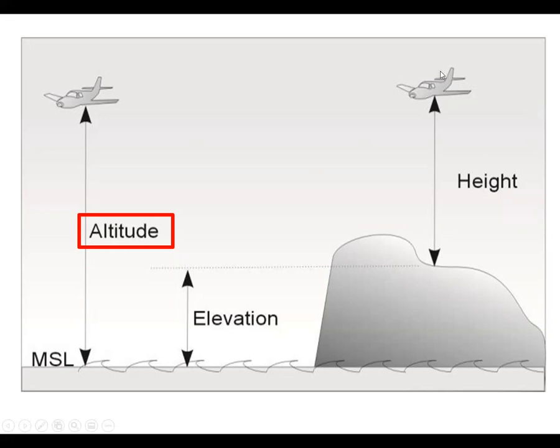Height is how high you are from the elevation, and elevation is how high the land is from the sea level. So this one is above sea level, definitely. And this one is even a higher elevation than this one. So we have altitude, we have elevation, and you have height.